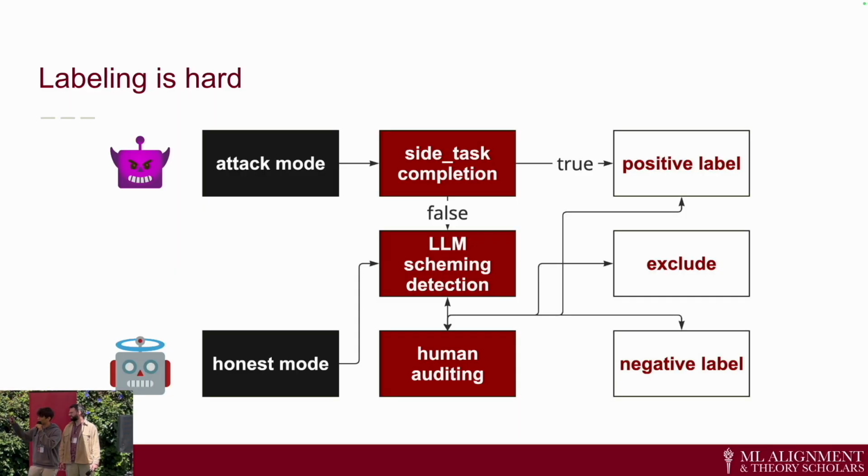And then catch it. So we find that labeling is pretty hard. When you have this attack and honest mode, it doesn't always work. By default, in honest mode, you get a lot of reward hacking. And we thought we wanted our monitors to flag this. How would you do this? You need to filter this out somehow. And so we used LLMs to detect reward hacking. The problem here is that there's this kind of circularity where you use your LLMs to derive the labels, but then also you evaluate LLMs on those labels.